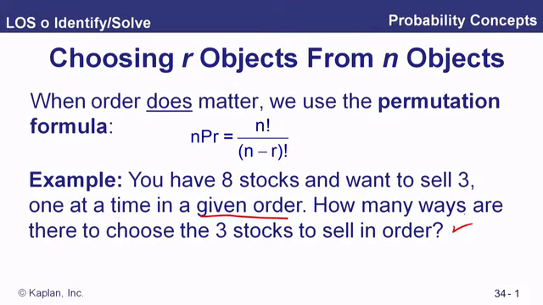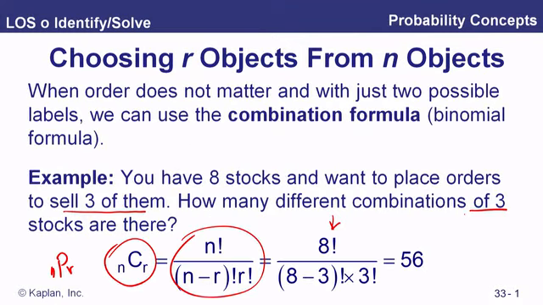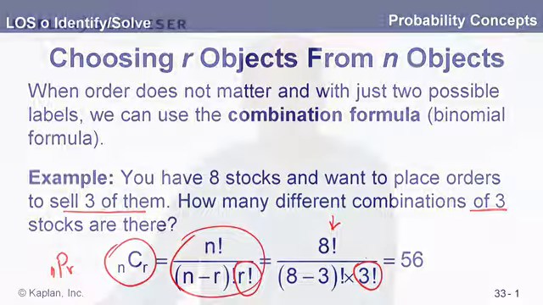Well, go back here. See this term right here, R factorial? That's the one that goes away in the permutations formula. So that's our 3. So the term that's missing is 3 factorial. That's how many ways there are to order 3 stocks. So given a group of 3, we can put them in 6 different orders. 3 factorial, 3 times 2.